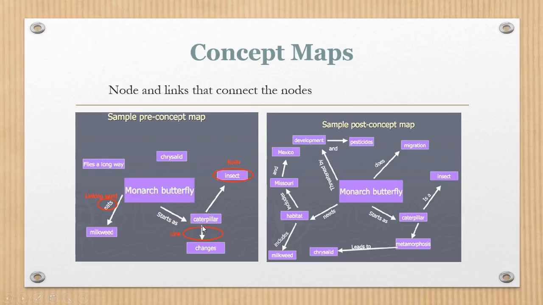You do this beforehand and then they revisit afterwards and do a post-concept map. What you're hoping is that it's much more sophisticated because they have learned about so many more things, for this example, monarch butterflies.